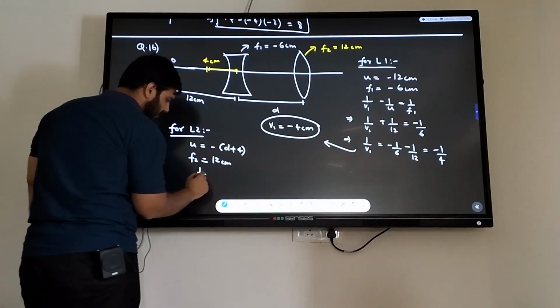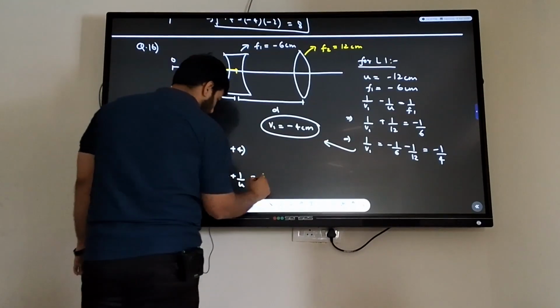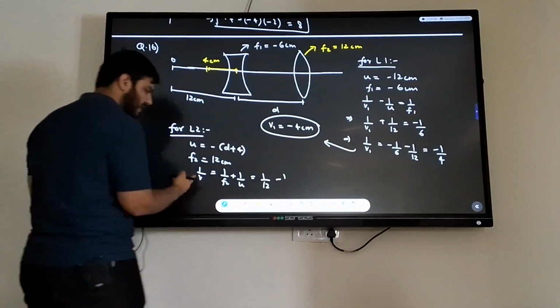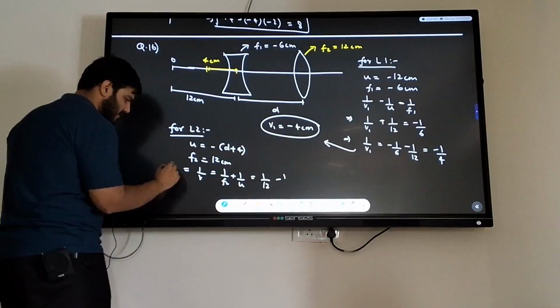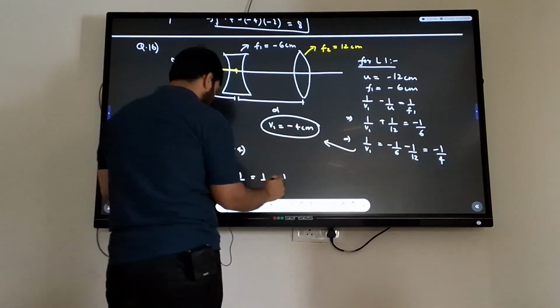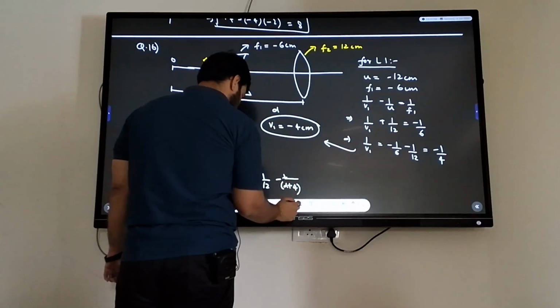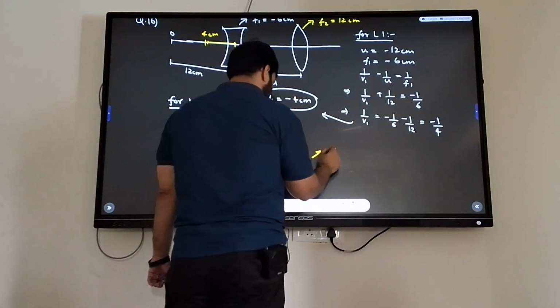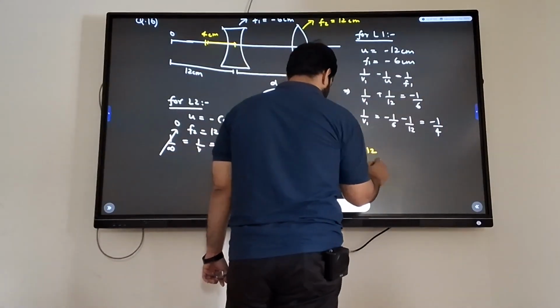Then I can find v very simply. Achha, where is my image formed? At infinity. So 1 by infinity goes to 0. Then I think you will get d plus 4 is equal to 12. That means d is equal to 8.